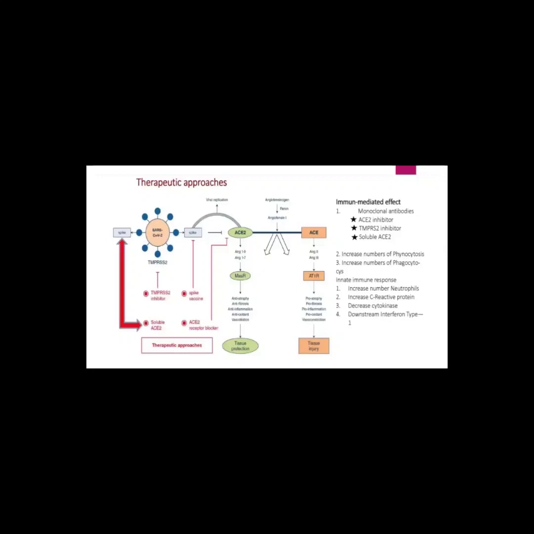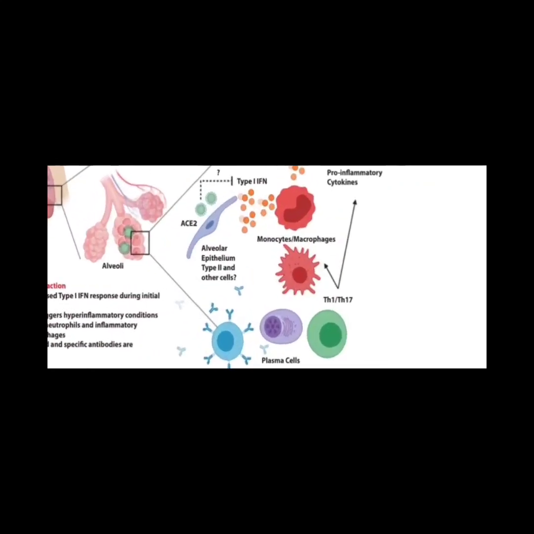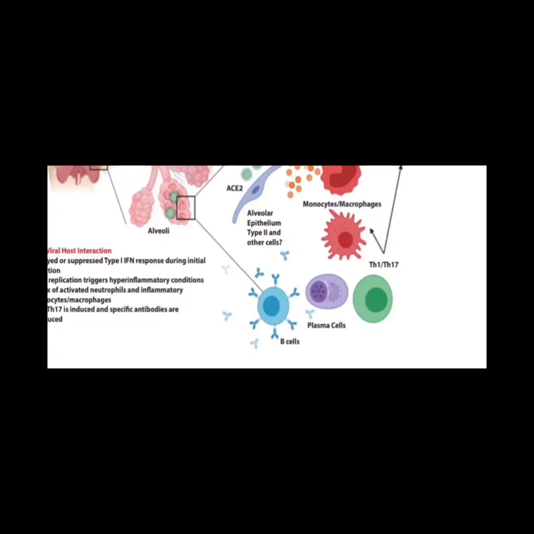The immune mediated effect or the monoclonal antibodies like ACE2 inhibitors, transmembrane inhibitors, or soluble ACE2 then increase the number of phagocytosis. Then in the innate immune response, the number of neutrophils increases, C-reactive proteins increase, cytokines decrease, and there is downstream of type 1 interferons. As the B cells or plasma cells can produce specific antibodies against the COVID virus, that may help to neutralize the virus.